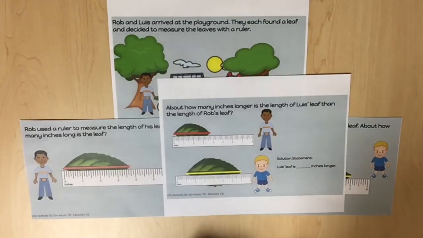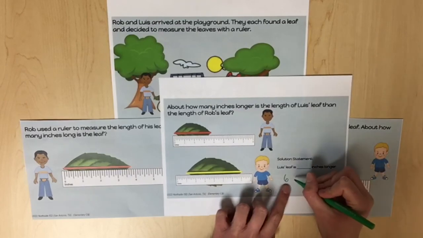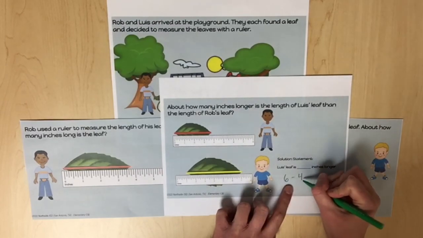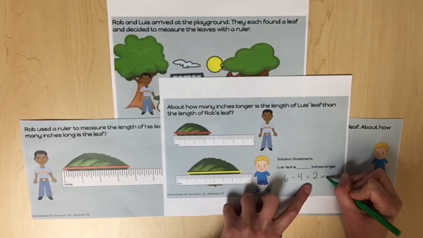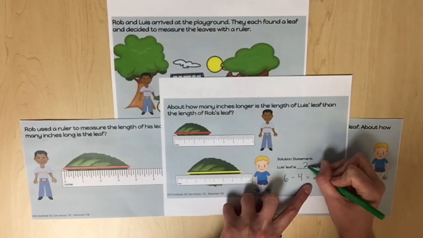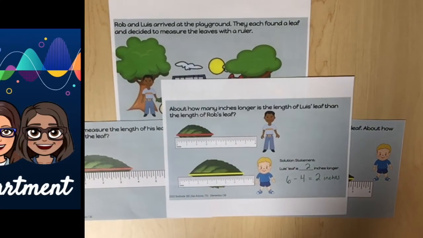To figure out about how many inches longer is the length of Luis's leaf than Rob's leaf, we need to make a comparison. 6 inches was our larger quantity compared to the smaller quantity of 4 inches. That equals about 2 inches. Luis's leaf is about 2 inches longer than Rob's.